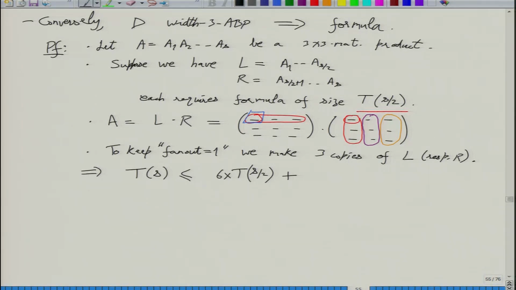Assuming that L and R are given and the copies have been made, how many extra gates are you adding in your formula to compute these row-column inner products? Constant. It is just a function of 3. So what is the solution of this recurrence?